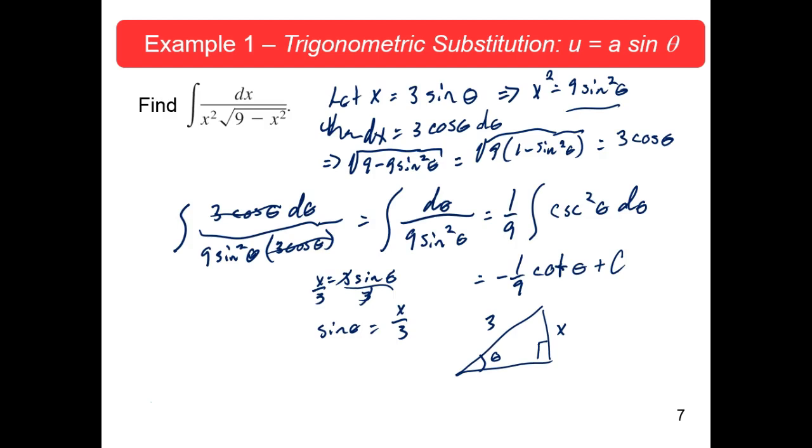That's what tangent is. So guess what cotangent is? Adjacent over opposite. We've got to figure out what that adjacent side is. Is there any way to do that? This is good old Pythagorean theorem, right? What does it tell you it is? This is even prior to trig.